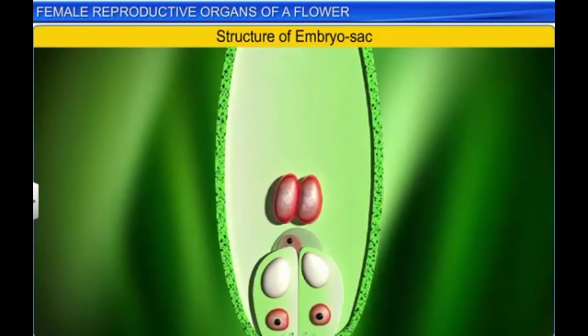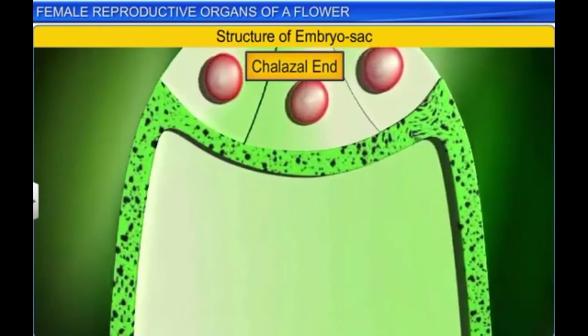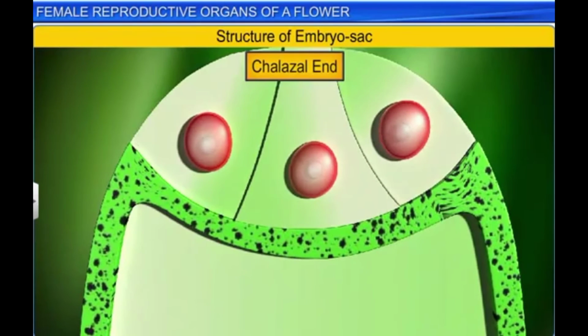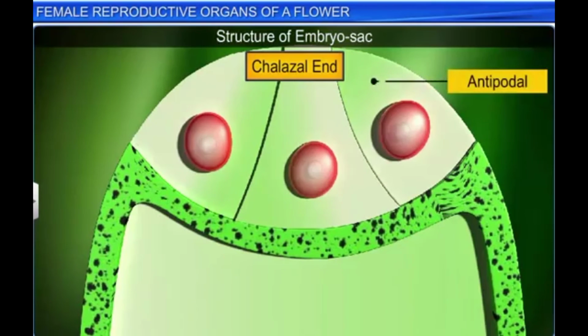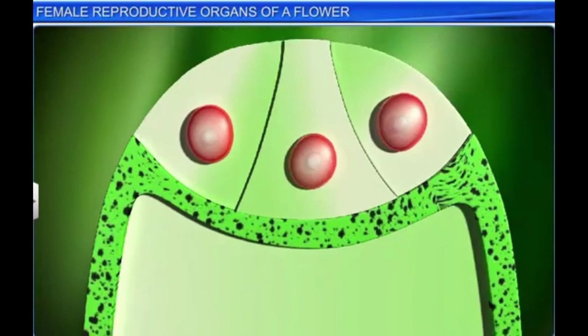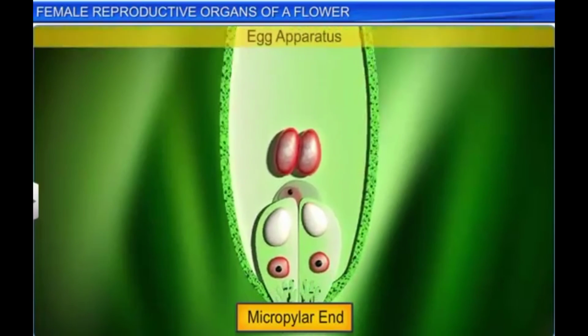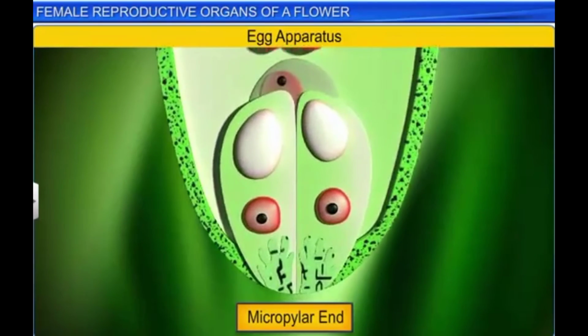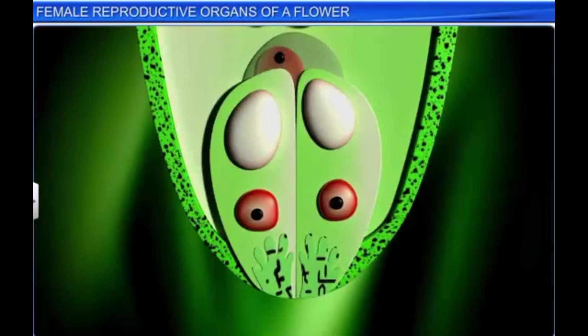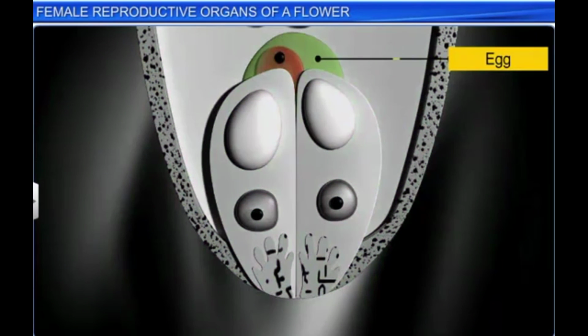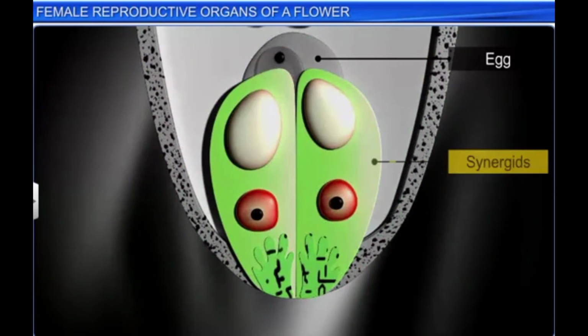The 3 cells present at the chalaza end, for instance, group together to form the antipodal cells, which do not have any specific function, whereas the 3 cells at the micropylar end group together to form the egg apparatus. While one of the cells functions as an egg or the female gamete, the other 2 cells are called synergids.